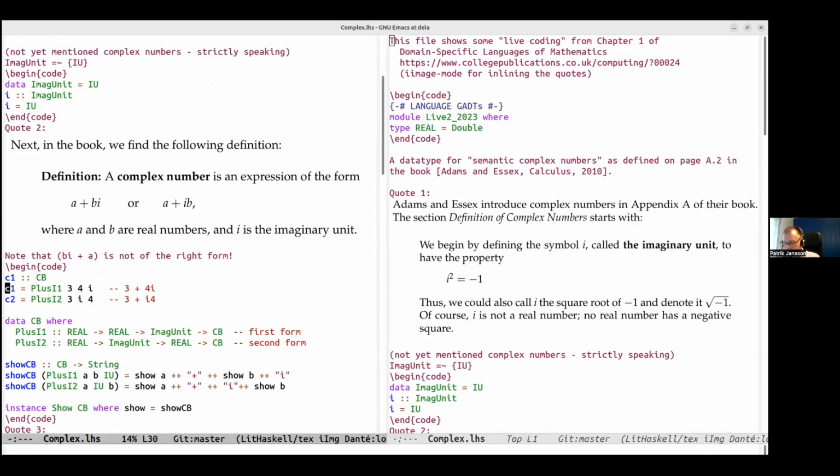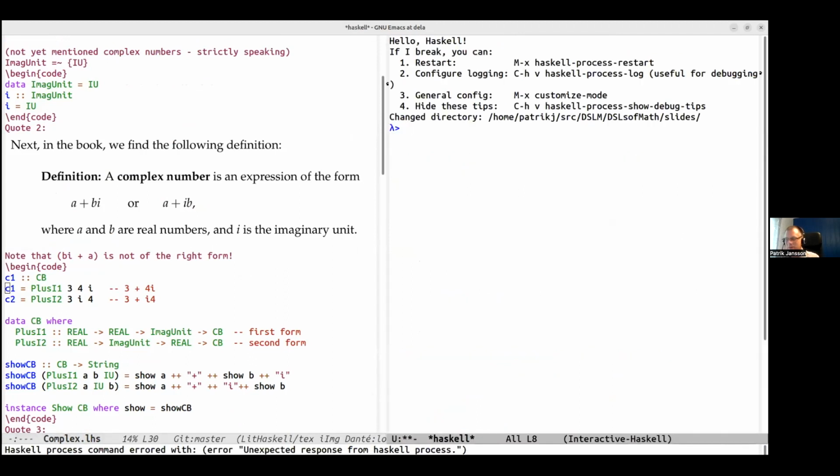So what I wanted to do, before I accidentally closed my Emacs buffer, was to check what the evaluator says with C1 and C2. So this prints 3 plus 4i and 3 plus i4. And how does it do the printing? Well, actually, this is another example of a Haskell function defined by pattern matching.